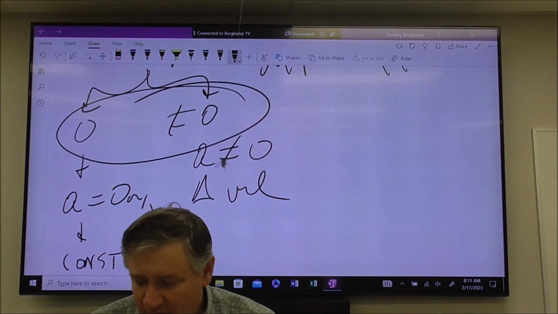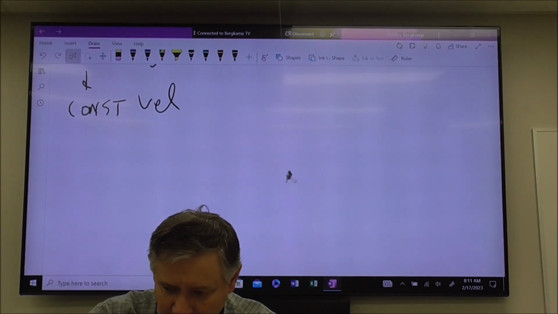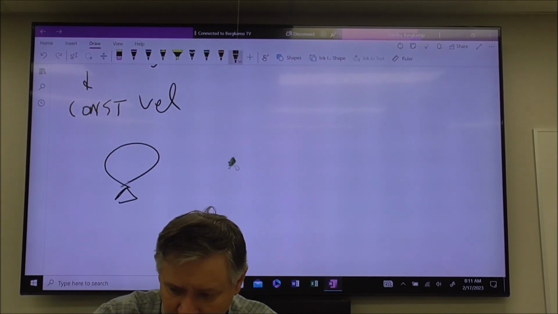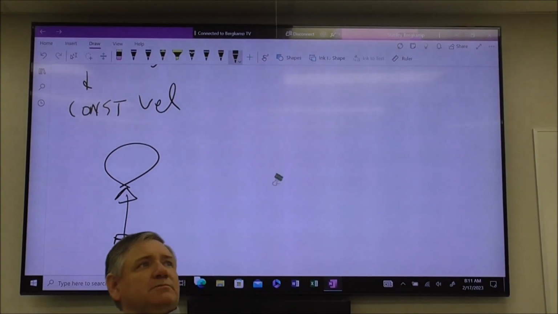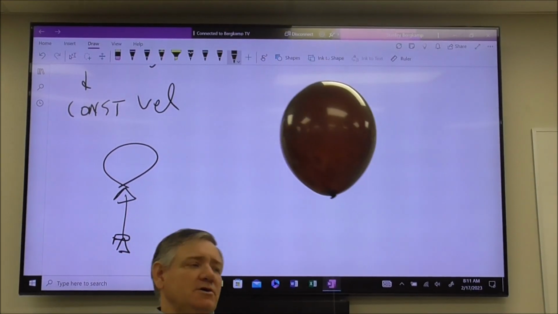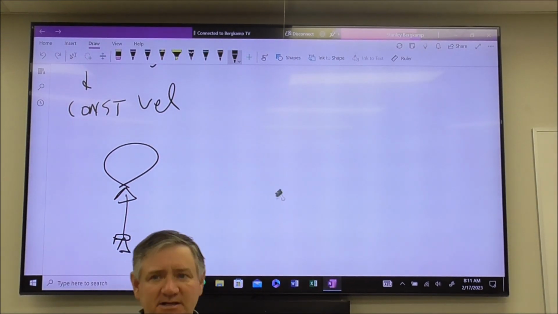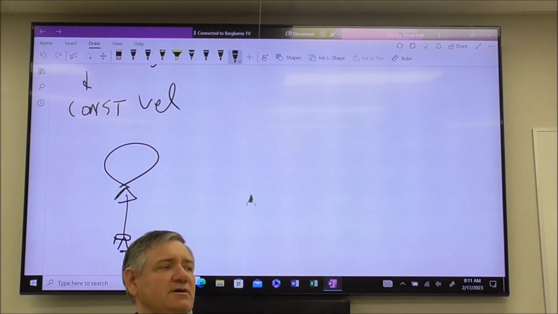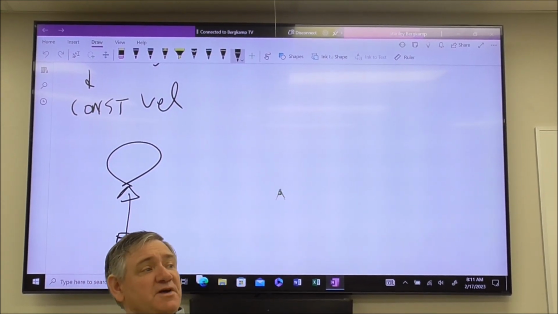So if I look at this in terms of acceleration, okay, so here's the balloon, there's the binder clip. I let go of it. Which direction does it accelerate? Let's just start with this idea. It accelerates. Which direction does it accelerate? Upward or downward? Up.